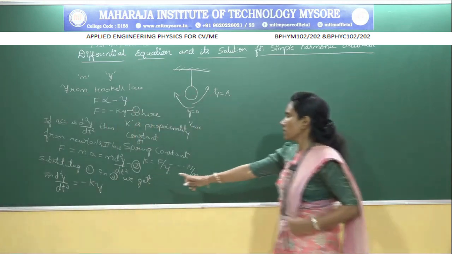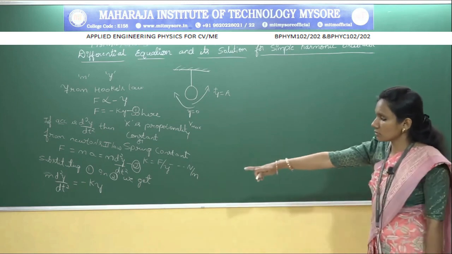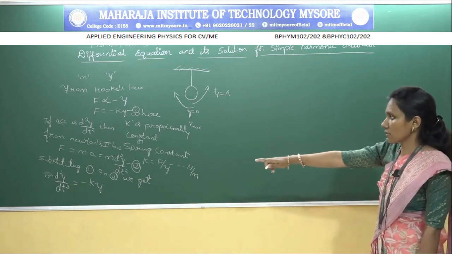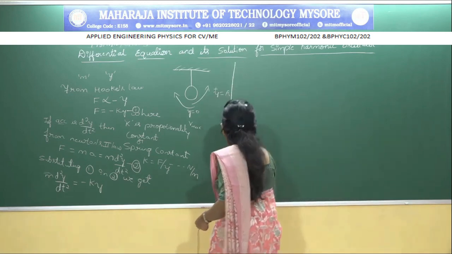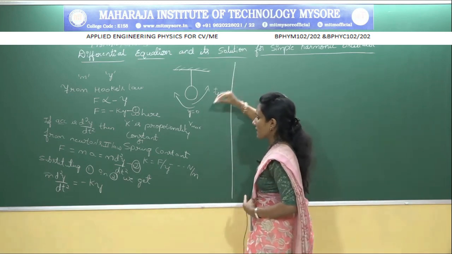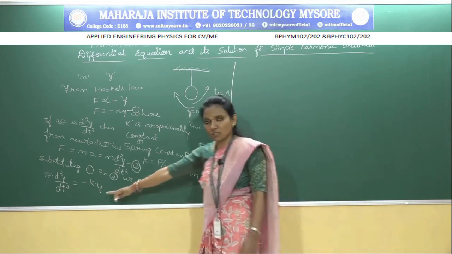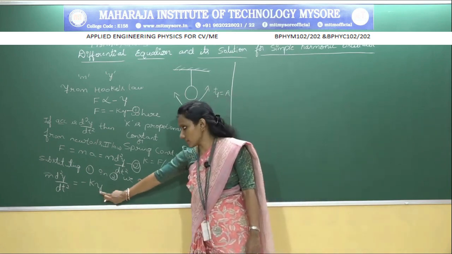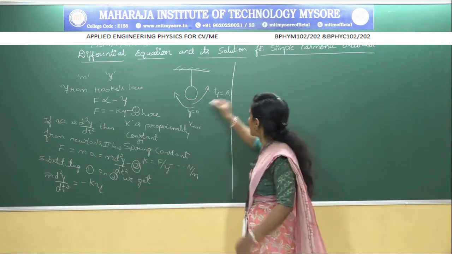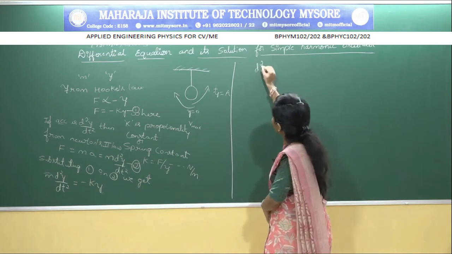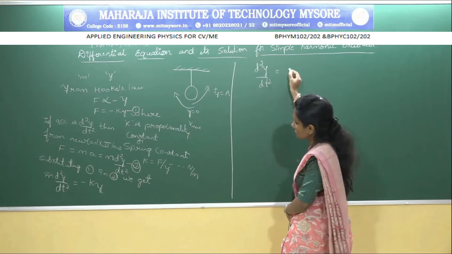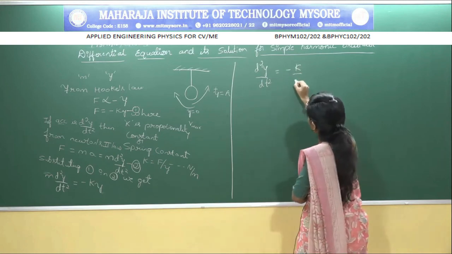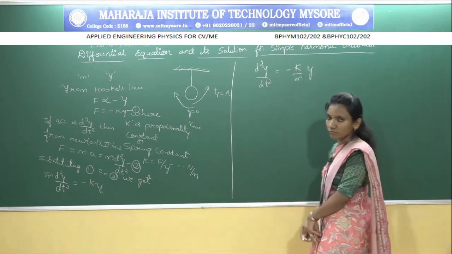Now divide the whole equation by m. Then we get d square y by dt square is equal to minus k by m into y.